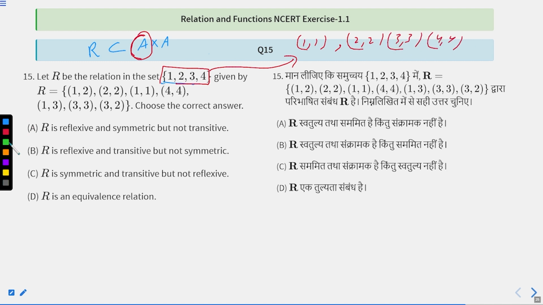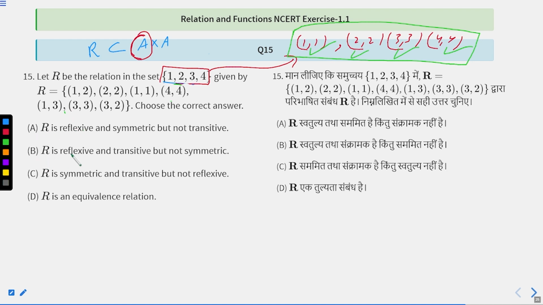Now see whether all these pairs are in your relation R or not. As you can see, 1 comma 1, 4 comma 4, 3 comma 3 and 2 comma 2 belong there. So this means it is reflexive. Option A says it is reflexive.